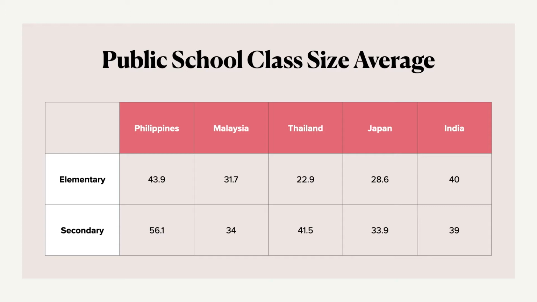The country's public elementary schools' average class size of 43.9 is far bigger than Malaysia's 31.7, Thailand's 22.9, Japan's 28.6, and India's 40. In public secondary schools, the country registered an average size of 56.1, higher than Malaysia's 34, Thailand's 41.5, Japan's 33.9, and India's 39.